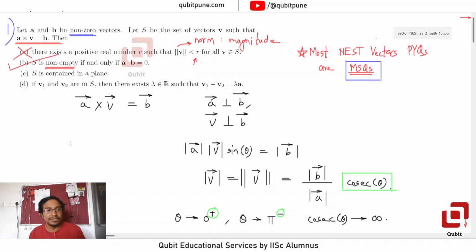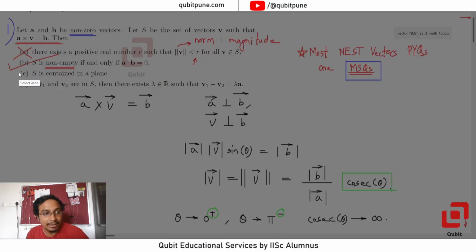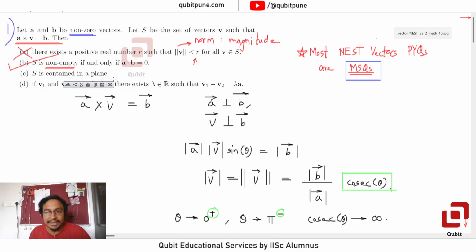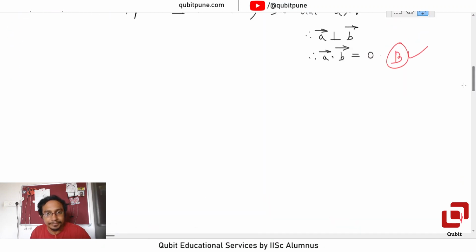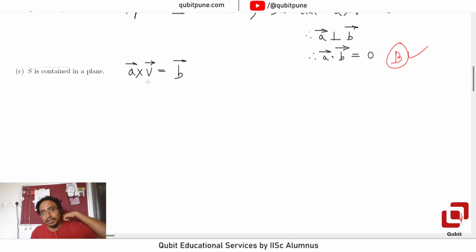Now let us go to option C. S is contained in a plane. Is that true? Let's see. Again, we have to write down this equation, and we are looking for v bar.